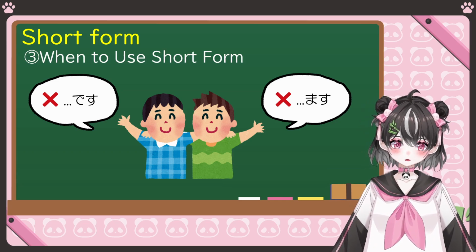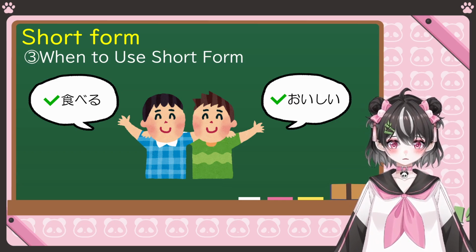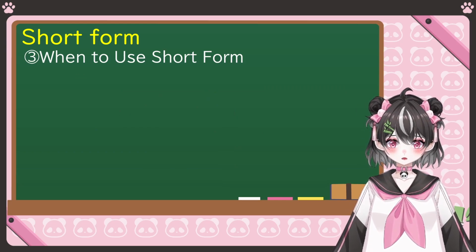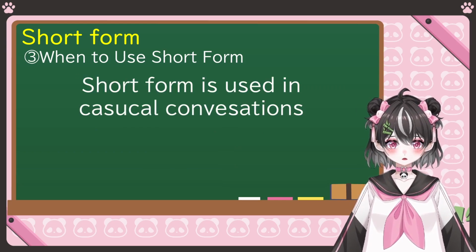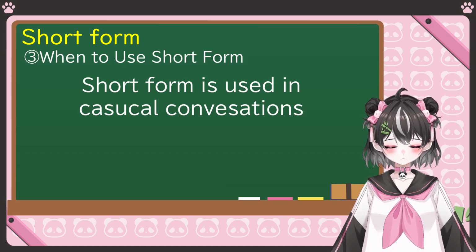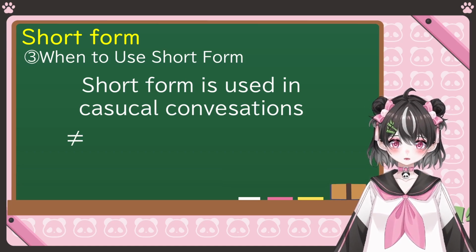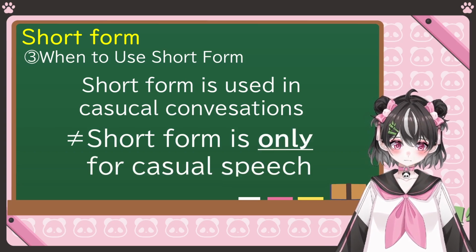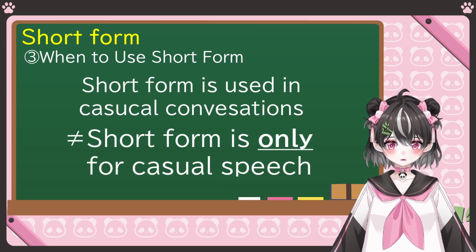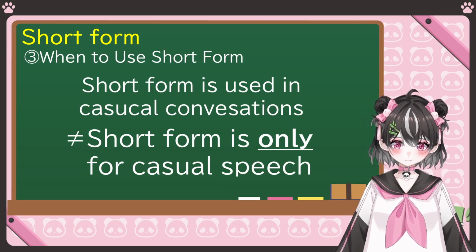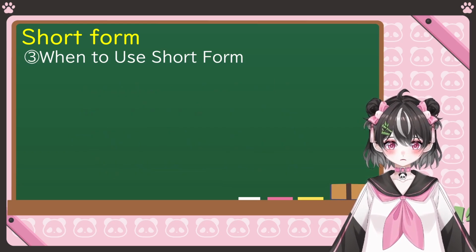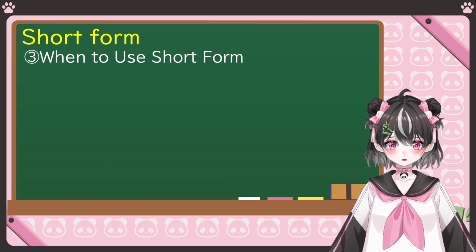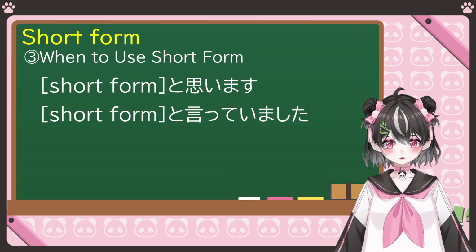When speaking casually, we use the short form. What I want you to be careful about is this. Although the short form is used in casual conversations, it doesn't mean the short form is only for casual speech. This is something learners often misunderstand. Short form is just one conjugation pattern, and it's used in many different grammar patterns, including polite expressions.